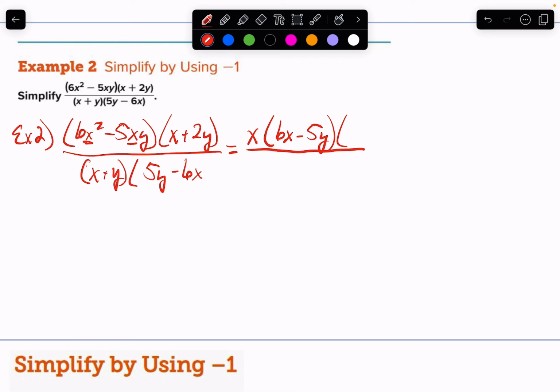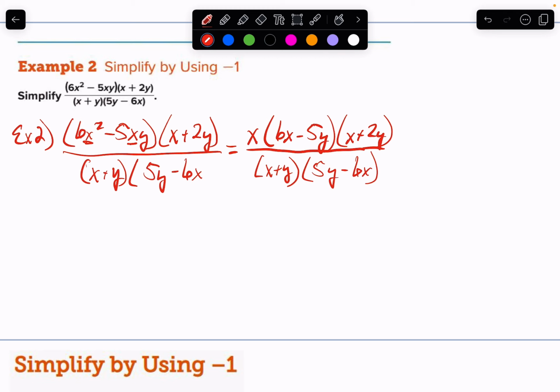And those don't have anything in common, so that stays. On the bottom, I've got these pieces here. And on this side, a 5y and a 6x, the numbers are the same. It's not the same letters, so it's just 5y minus 6x.